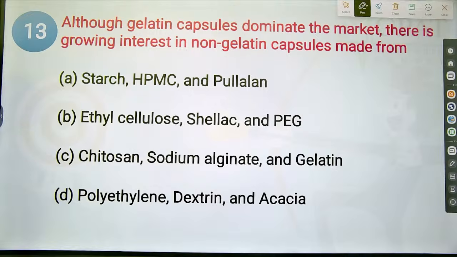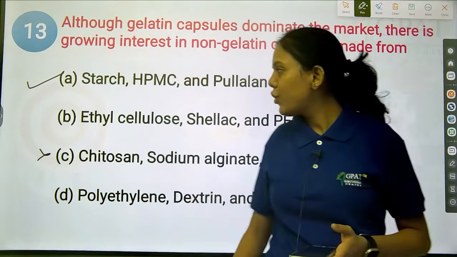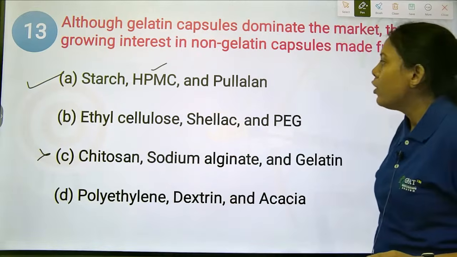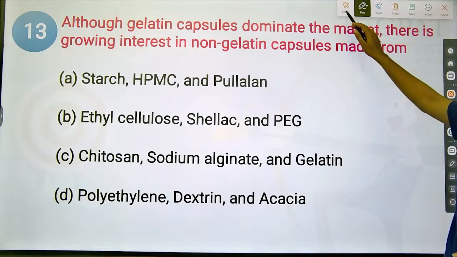Option C will not be there because it is itself a gelatin, right? So option A is the right answer, which is also known as the vegetarian one. That is your starch. HPMC is your hydroxypropyl methyl cellulose. So these are nothing but the non-gelatin or vegetarian capsule shells.